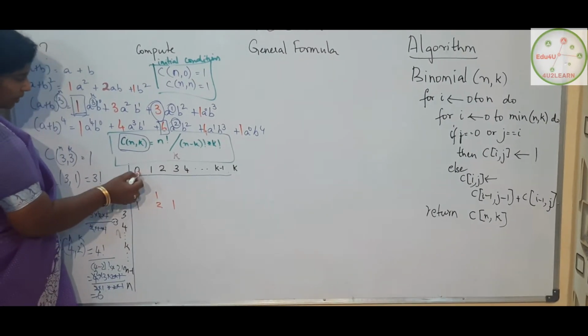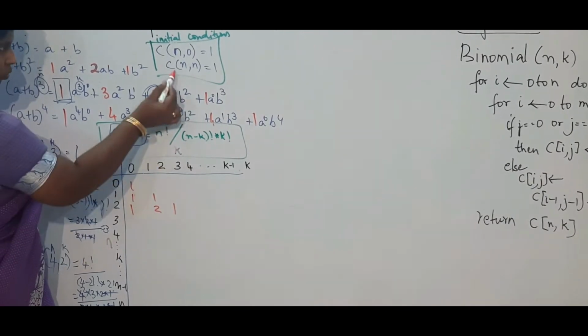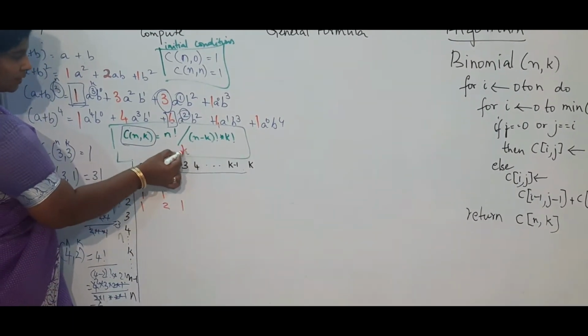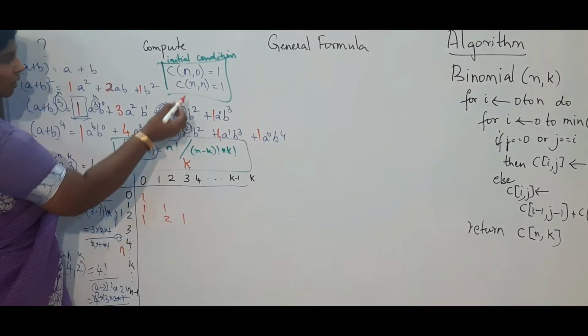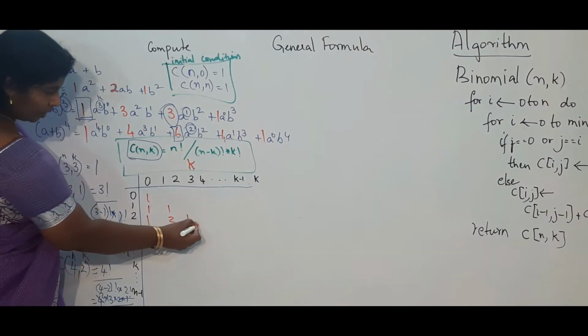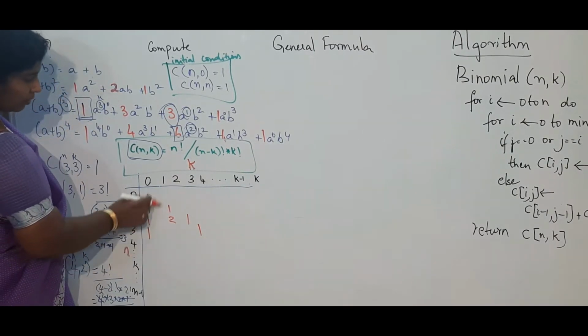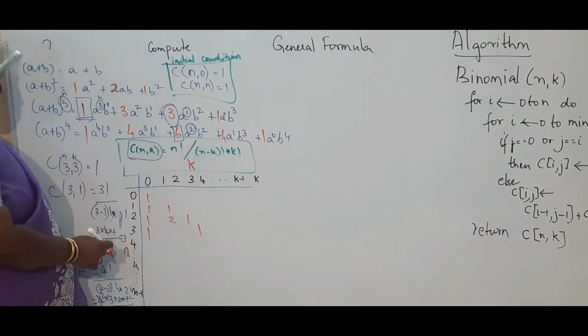2 comma 0. 2 comma 0 is also 1, and 2 comma 2. This is K and these values are N. Okay, 2 comma 2 is also 1. When it comes here, I know that 3 comma 0 is 1, whereas 3 comma 3 is also 1.